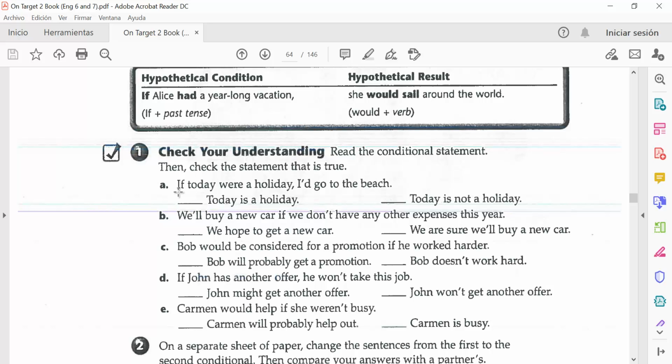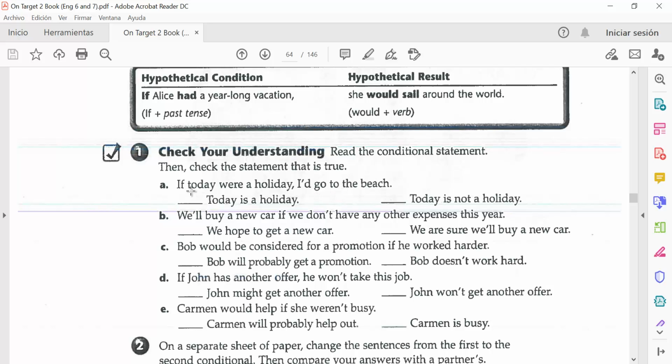Now, if he says, if today were a holiday, do you believe that today is a holiday? Definitely not. Because when we use the second conditional, we are talking about things that are not real, things that don't happen in reality. So if I say, if I were rich, that means that I am not rich.